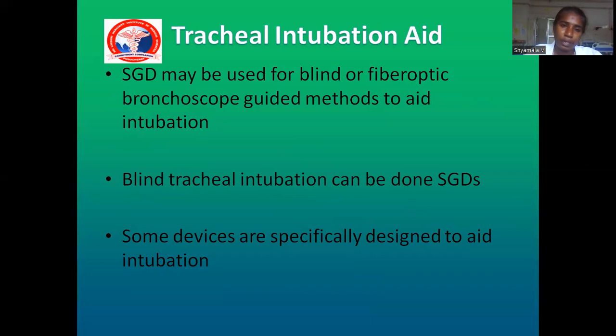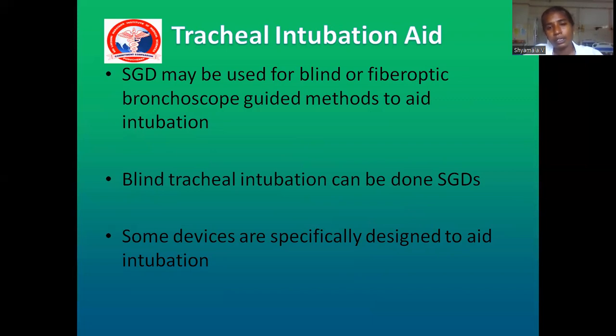With the help of the fiber optic, we can intubate the patient in the case of a difficult airway. Or sometimes after the introduction of the supraglottic airway device, we can just maintain the airway with it. Then you can take your time to introduce the fiber optic into the supraglottic airway device. Once you visualize the vocal cord, you can remove the supraglottic airway device, then put the endotracheal tube.